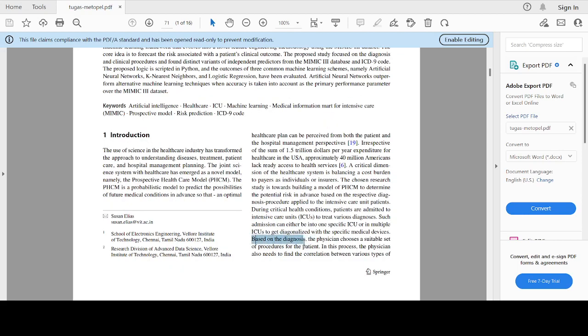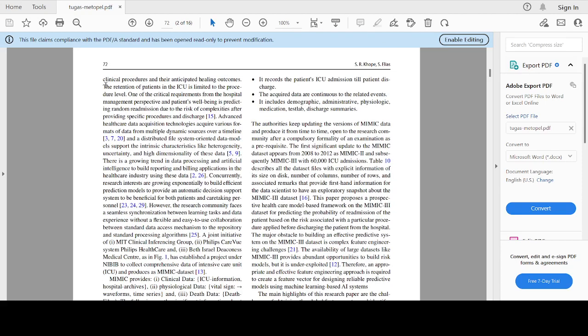So based on the diagnosis, the physician chooses a suitable set of procedures for the patients. In this process, the physician also needs to find the correlation between the various types of clinical procedure and their anticipated healing outcomes. The retention of patients in the ICU is limited to procedure level. One of the critical requirements from the hospital management perspective and patient well-being is predicting random admission due to risks of complexities after providing specific procedure discharge.